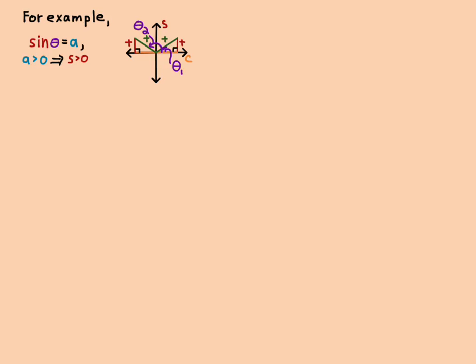So you get theta 1 or theta 2. Theta 2 is related to theta 1 in that it's pi minus theta 1. Theta 1 is actually the reference angle for theta 2, in fact, in this case. So there's these two different angles that you have to take into account. Remember, you're solving for the angle here.